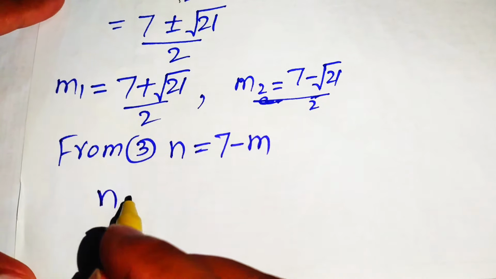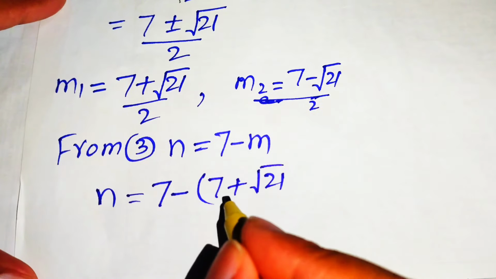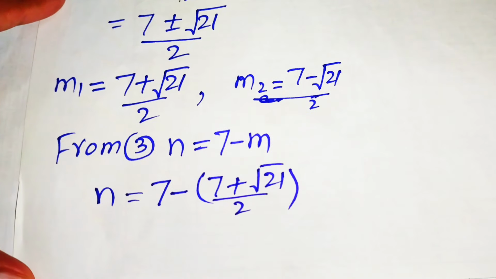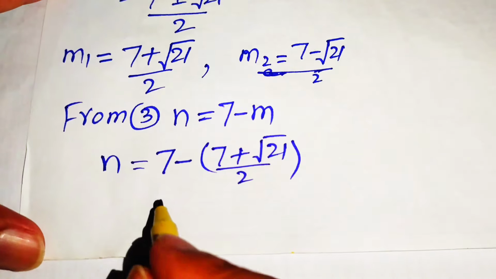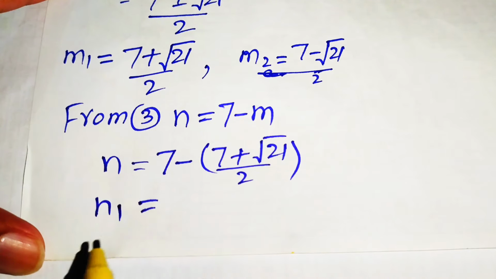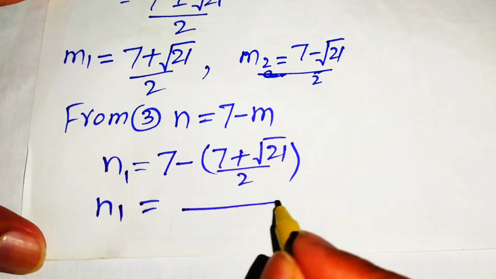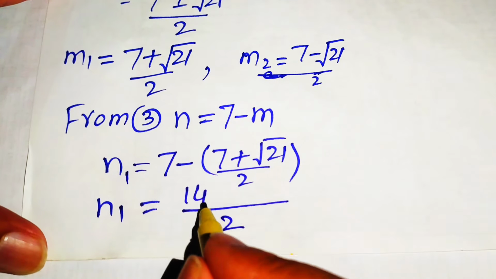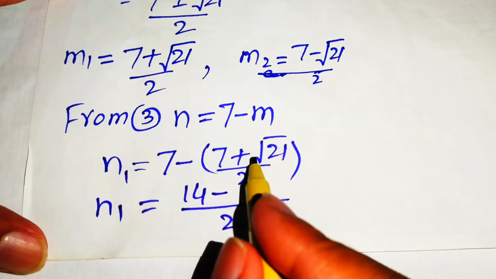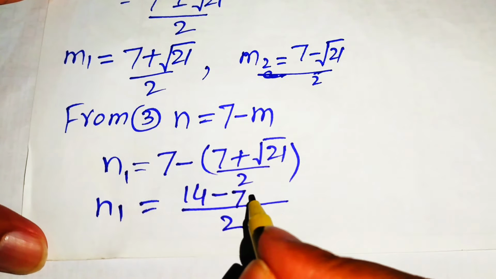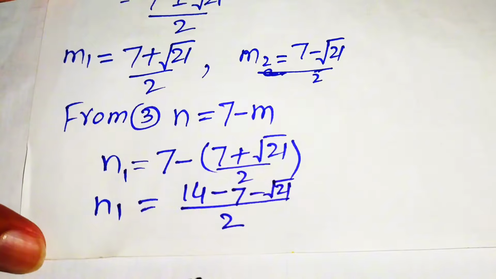First we use m1, which is 7 plus square root of 21 divided by 2, so this is n1. Now we take the LCM, which is 2, giving 14 minus, and we multiply the minus sign on both terms, so it becomes minus 7 minus square root of 21.